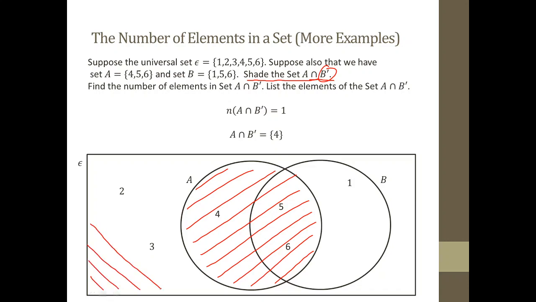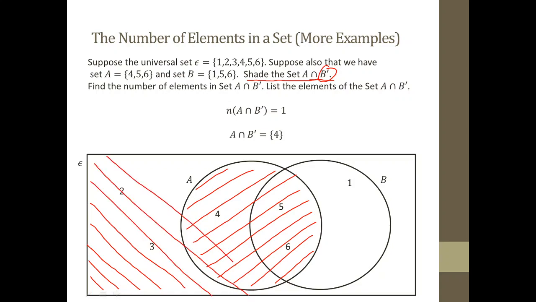I'm going to shade the set B prime now, so everything outside B. So I'm shading it in the other direction. You can see that I draw my line in the other direction.